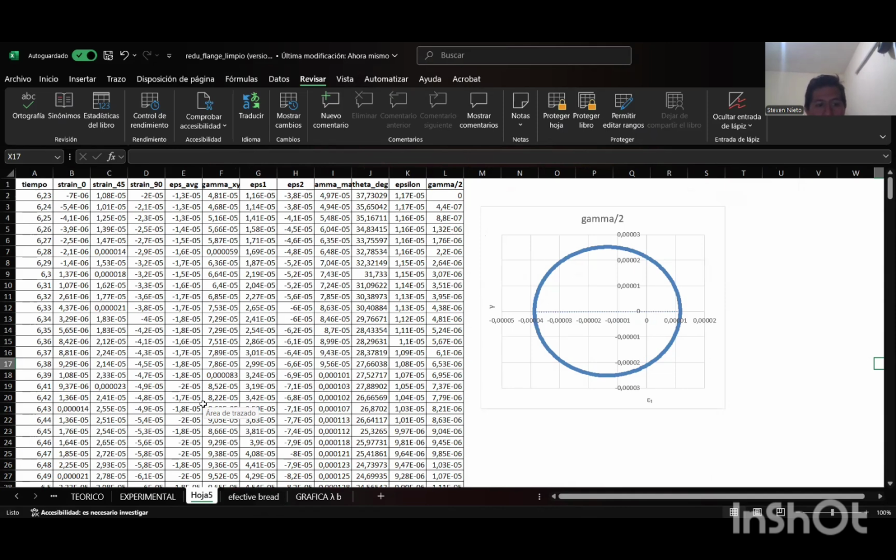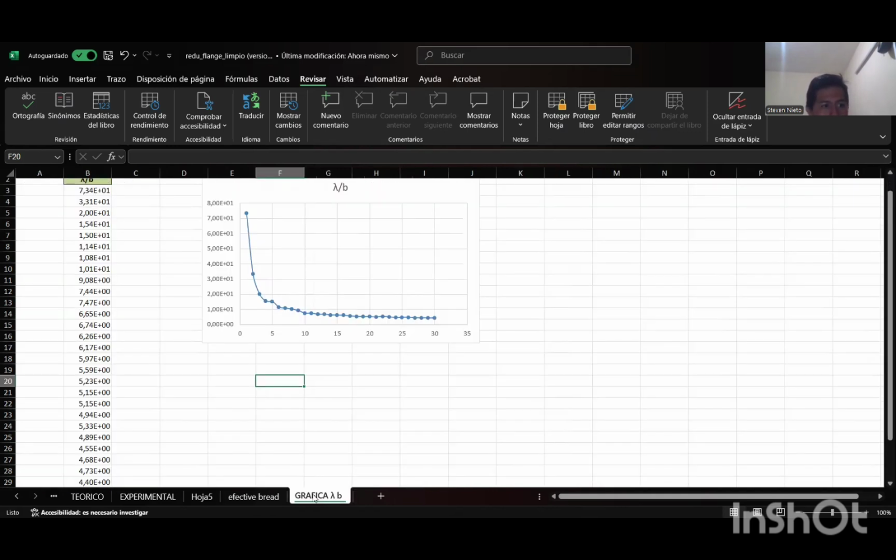The orientation of the neutral axis varied as the load increased, indicating a rotation toward the stress domain. In conclusion, the experiment validated the classical theory.